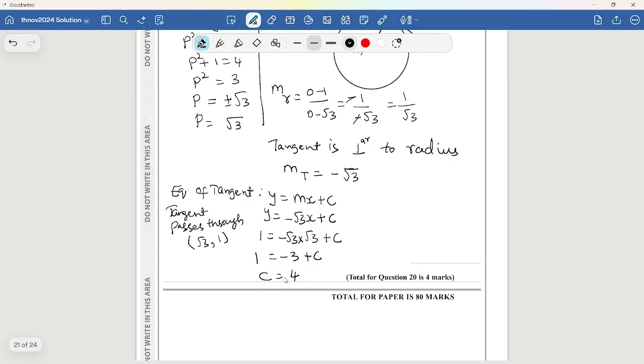Now I have the value of c, that is the y-intercept. I have got the tangent. The gradient of the tangent and the y-intercept are given, so the equation of the tangent will be y equals mx plus c, where m is negative root 3, so y equals negative root 3 x plus 4. So this is the final equation.